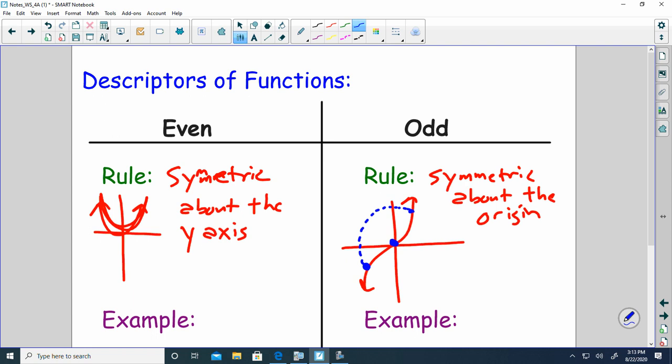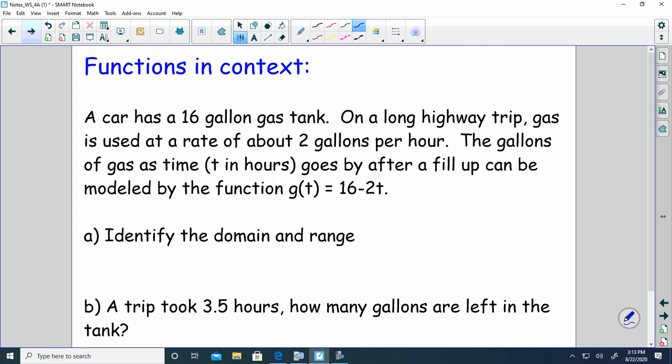That would be an odd function. So an even function would be symmetric about the y-axis; I could fold it over. The odd function, I could actually fold over the x and then fold over the y. That means it's symmetric about the origin. And of course, you can ask about that in class if that's not clear from the notes.